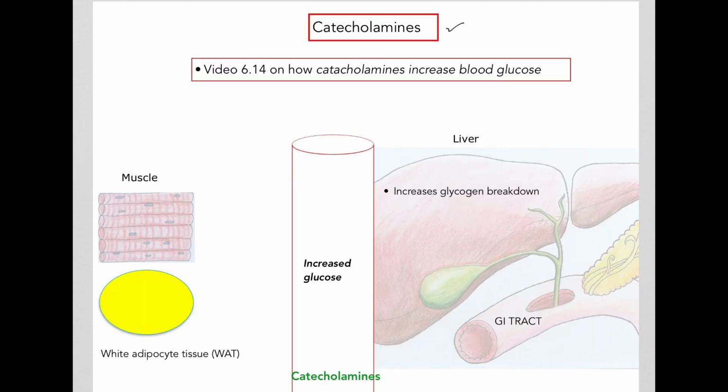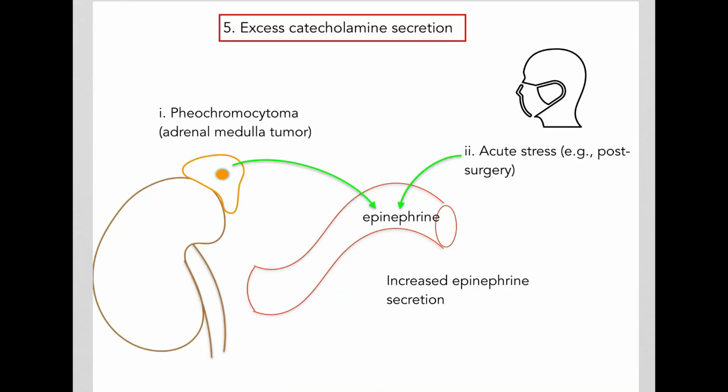Another set of hormones that affect glucose metabolism are the catecholamines. In video 6.14, we discussed how catecholamines increase blood glucose, just like glucagon. So it makes sense that if there's any condition that increases catecholamine secretion, and since catecholamines increase blood glucose, that is going to lead to hyperglycemia.